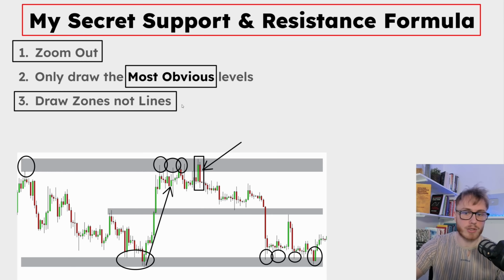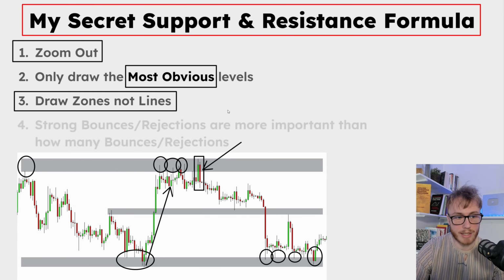And if you draw lines on the chart, you will realize that many times the price will go either a bit higher or a bit lower. Support and resistance levels will pretty much never be perfect levels, perfect lines on the chart. Most of the time they will be zones. So why not draw zones instead of drawing lines? And we will talk later on in this video about how we can draw our zones correctly.